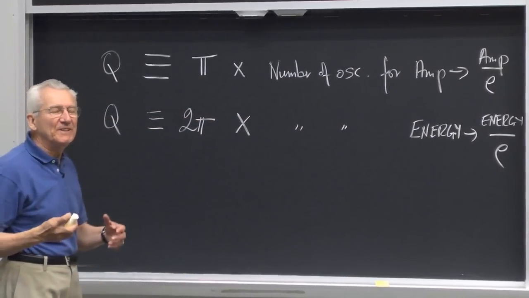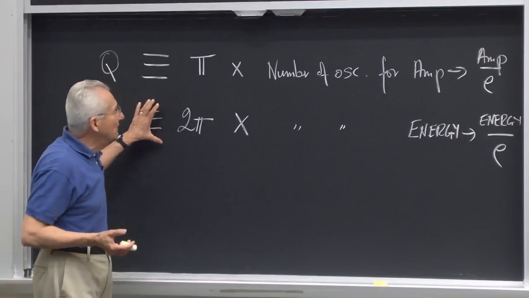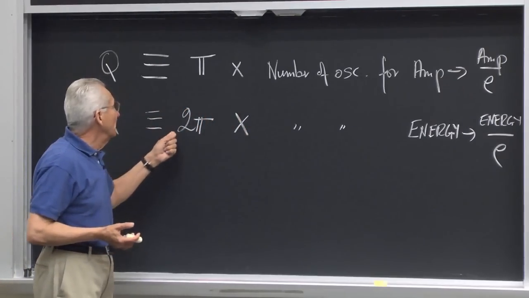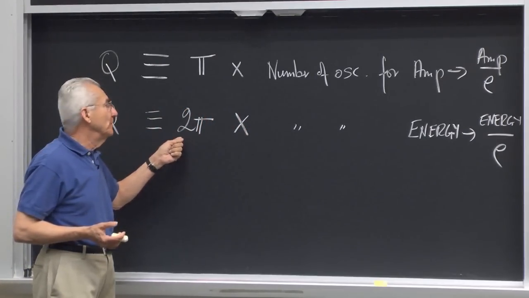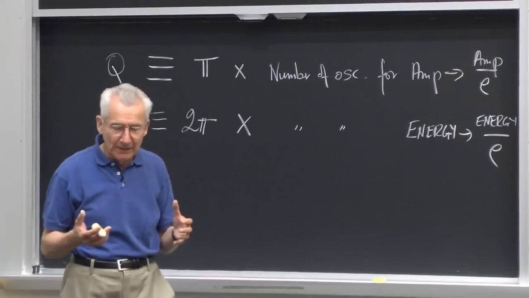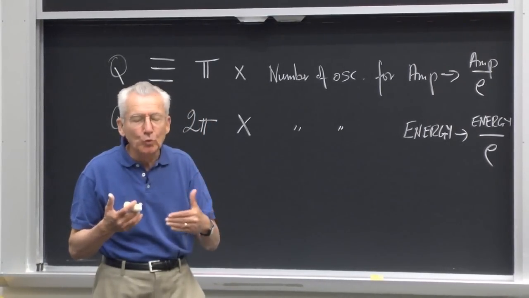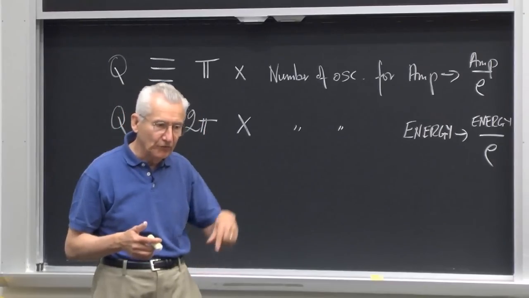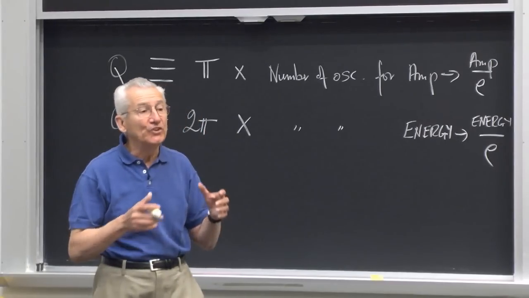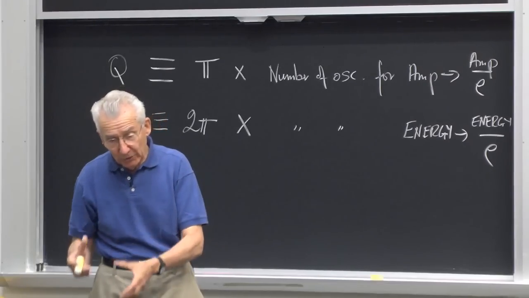And in fact, I'm digressing here, originally this was the definition. The 2 pi is there because in the definition, one said: what will be the change of phase of the oscillator for the energy stored in the oscillator to go down by 1 over e?